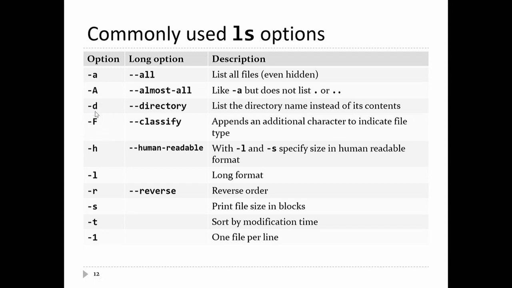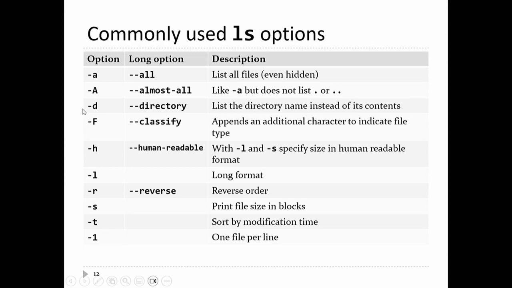This is a bit complicated to explain. If you specify a directory name to ls, then typically ls will list the contents of that directory. If you pass in the -d option, then ls won't list the contents of the directory. It will only print out the name of the directory instead of its contents.